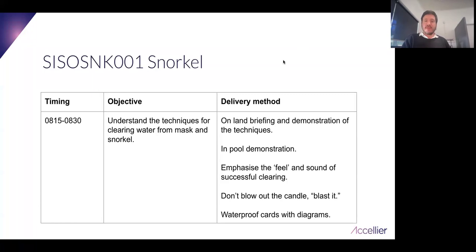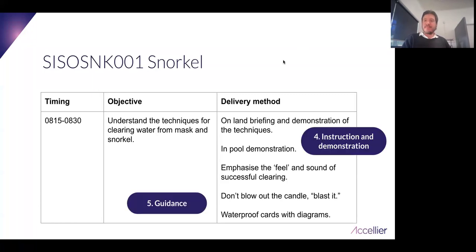So what of Gagné's 9 events are being done here? Well, we've got number 4, instruction and demonstration, and we've got 5, which is guidance. So the kind of device of blowing out the candle or blasting out the candle is a type of scaffold, and of course the waterproof cards with diagrams is a type of scaffold.